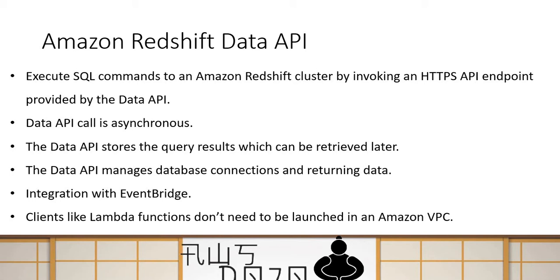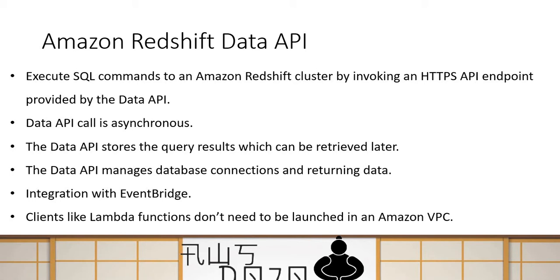Now, data API also provides integration with EventBridge. And this really helps with it being asynchronous, because when you fire up a command, depending on how your query is executing, it can publish events to EventBridge about the status of the query. Based on that, you can come to know that your query has finished or it is still in progress.